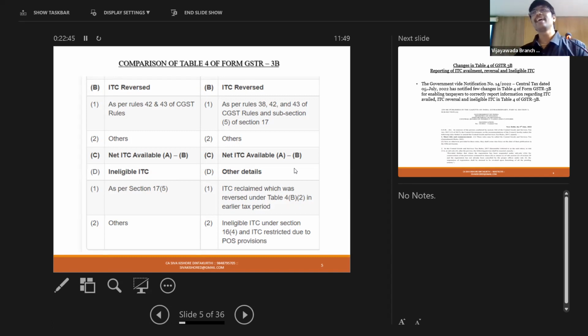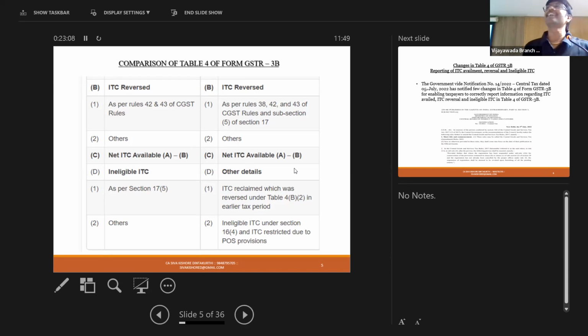Generally our consultants, litigants, advocates and other people who are fighting argued: how can you restrict the credit by way of Rule 36(4), because there is no legal backing in the Act? Look at Section 16.